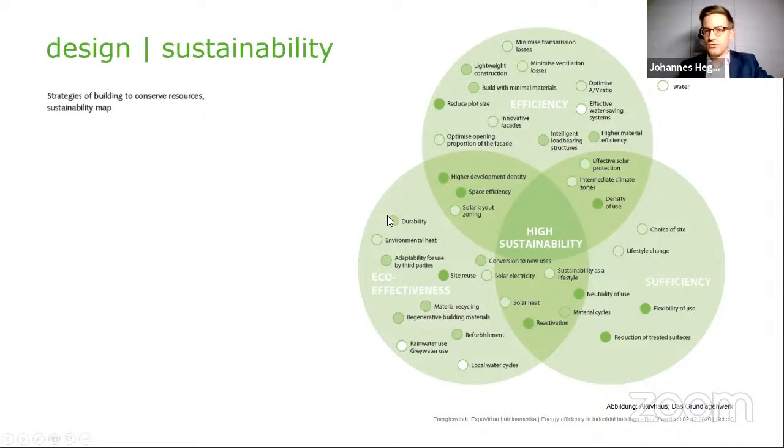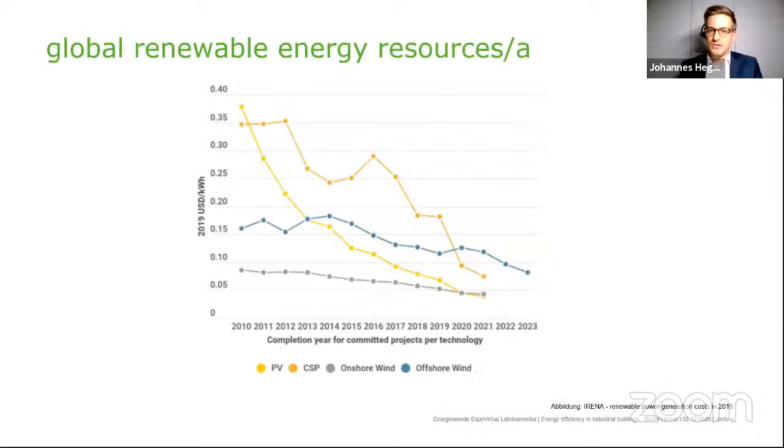For example, also durability, or the usage of energy efficient building construction design, or also renewable energies. Because renewable energies are nowadays, in most parts of the world, the cheapest energy that you can get.